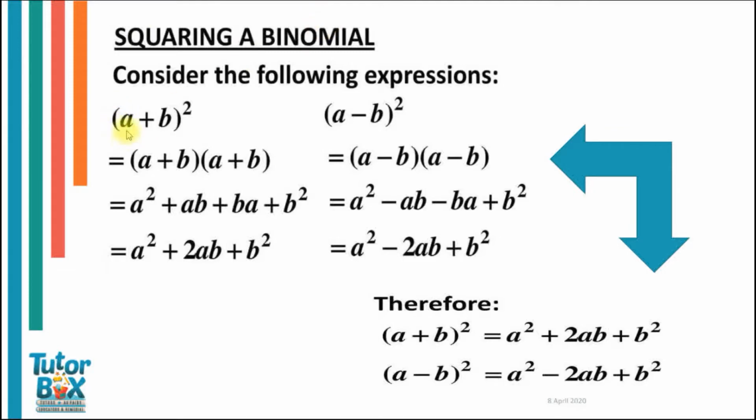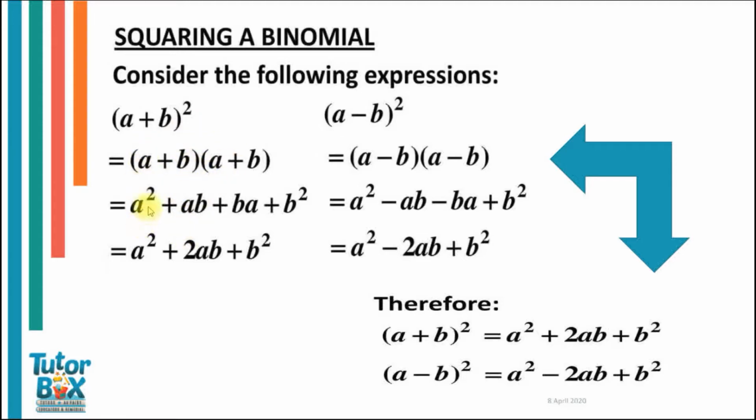So squaring a binomial, they basically mean we're squaring the binomial. Okay, so this will be equal to a plus b, because squared basically means you're taking that thing and multiplying it by itself 2 times. So a plus b, and then it's the same thing here, it's a minus b. Okay, so let's first just look at this one. So we have a plus b, and now we want to use our FOIL method that we just learned.